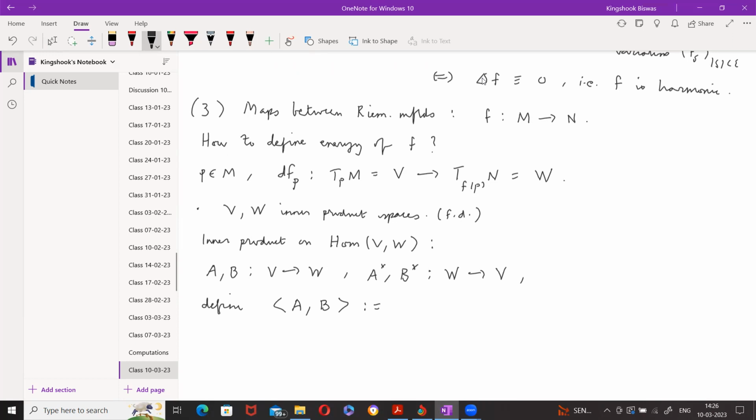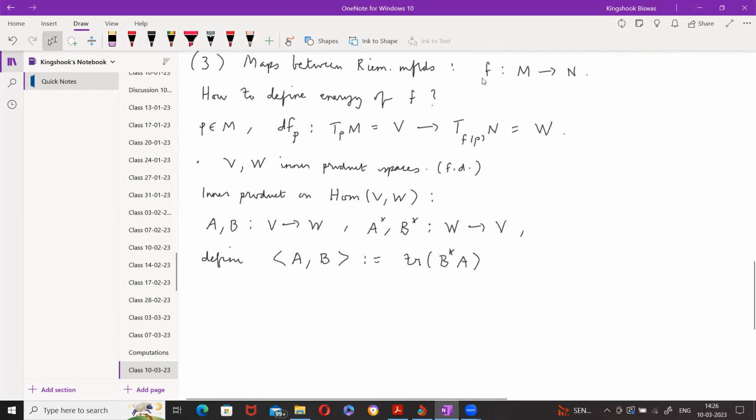Trace of B star A, right? So actually, what is this inner product?